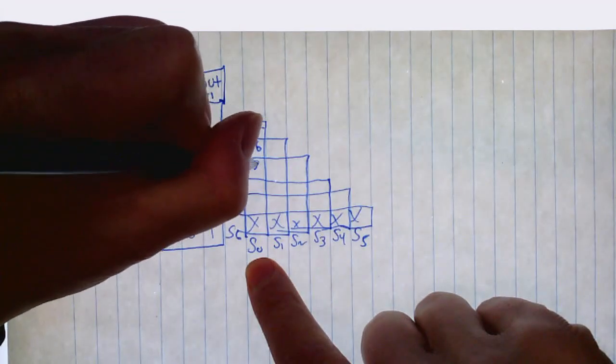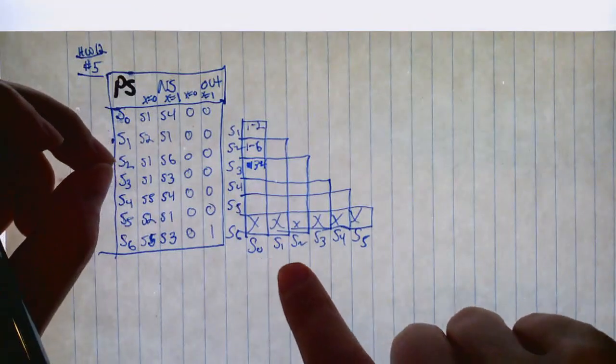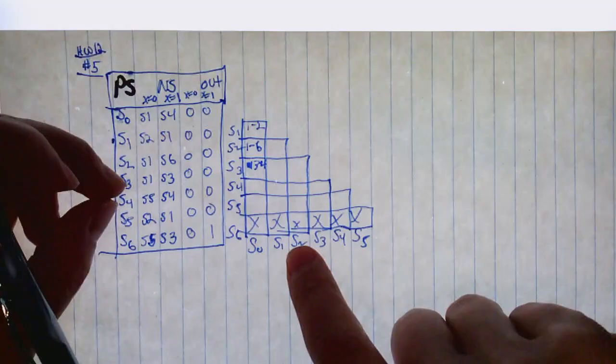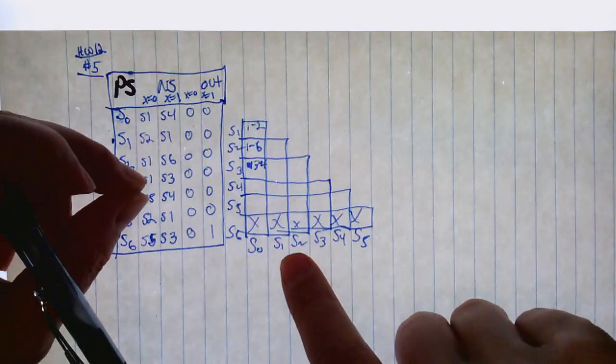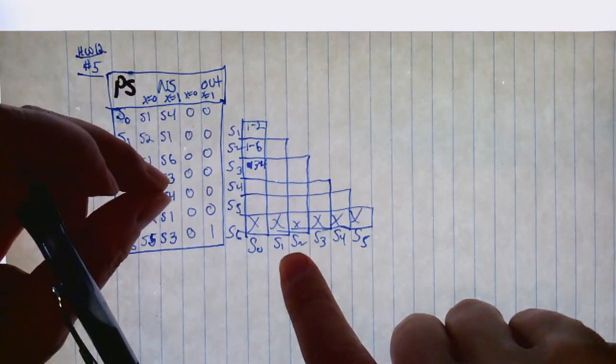Let's just write 3 and 4. S3 is equal to S4 if S1 equals S5 and if 3 equals 4.